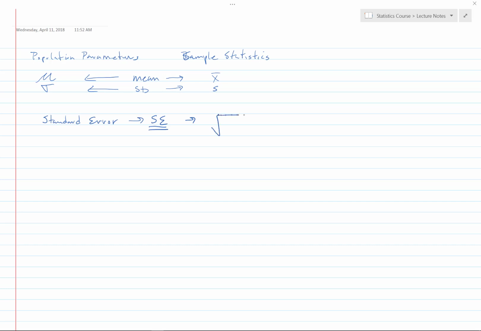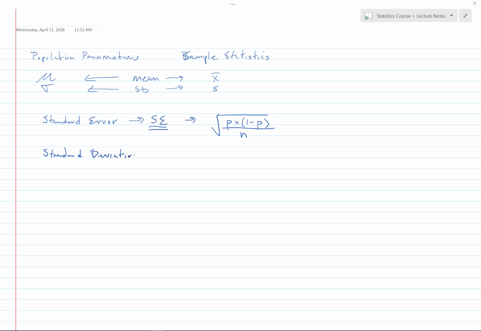It is the square root of the proportion in the population that are, in this case, cats, times 1 minus the proportion, divided by n, the sample size.